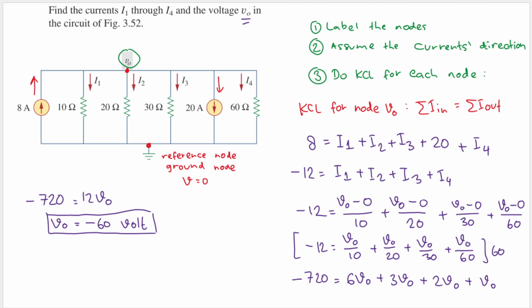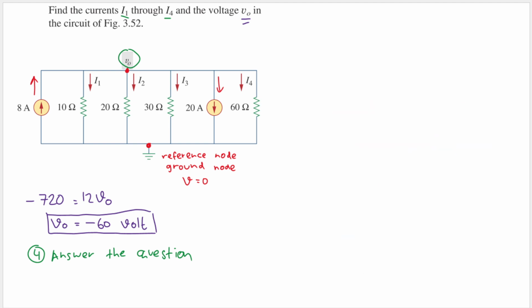What's next? We need to find I1 through I4. That is the last step for this problem: answer the question. Our slide is full, so let's erase this first.